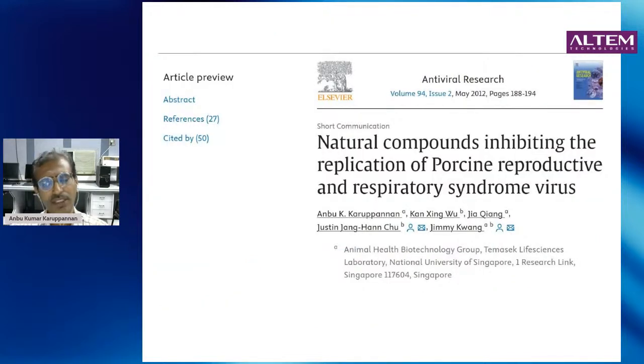So back in 2012, when I was in the National University of Singapore, I had the chance to interact with one of the researchers who was working on enterovirus 71 and also dengue virus. He had some leftover material from a natural compound library. It's a physical library. There is a company which sells a library of compounds in physical, liquid format.